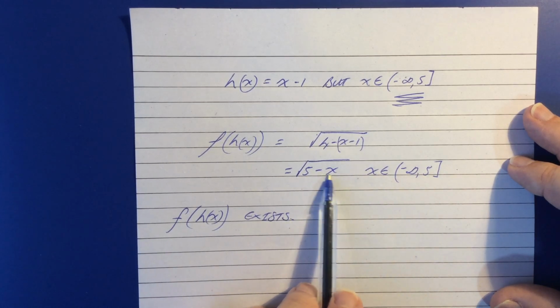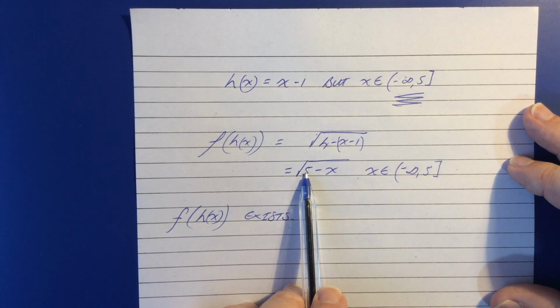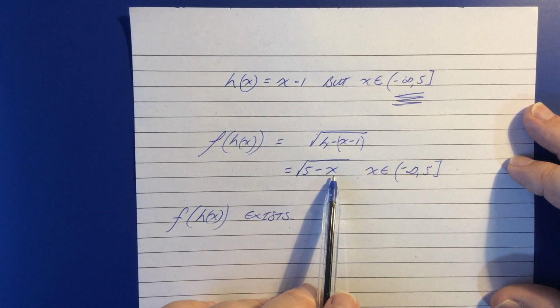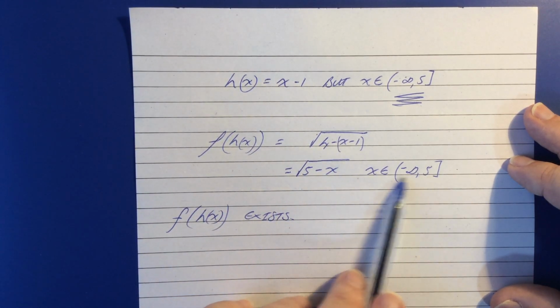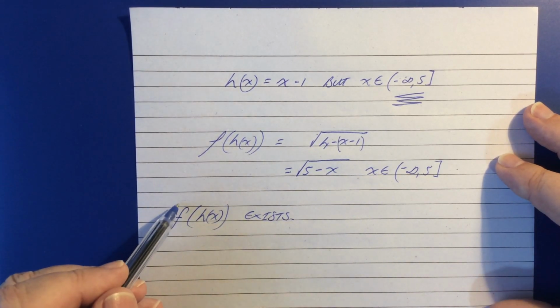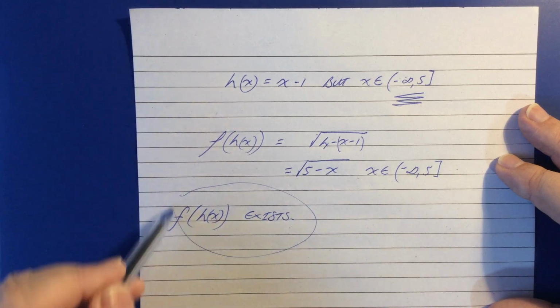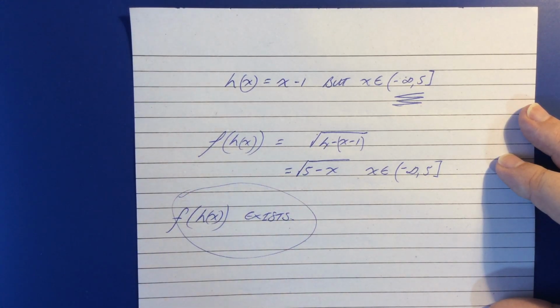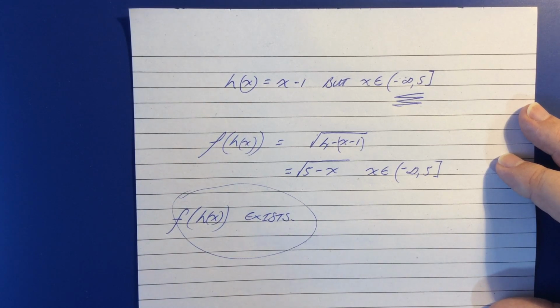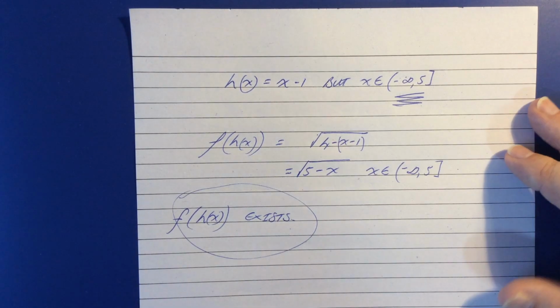Nothing greater than 5 can be inserted in here. We can say that the square root of 0 is 0. All negative numbers will work, and so we can say that with an amendment to the limits on the original function, we can make this function exist.